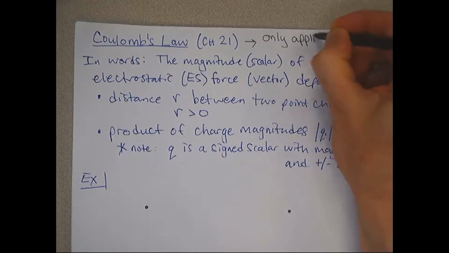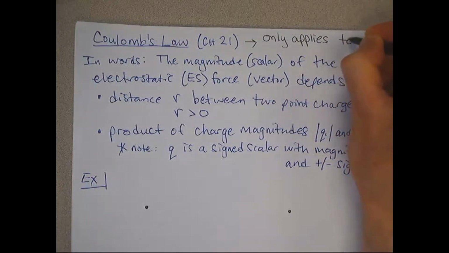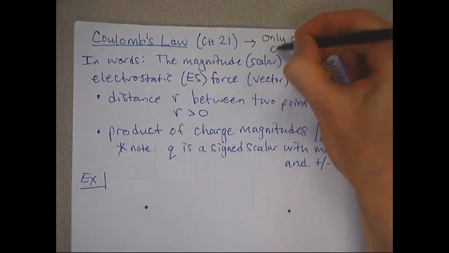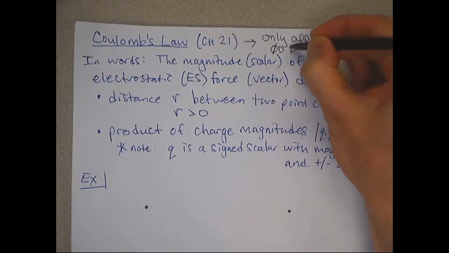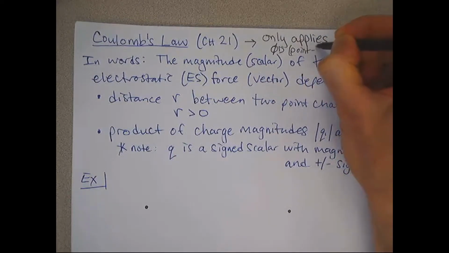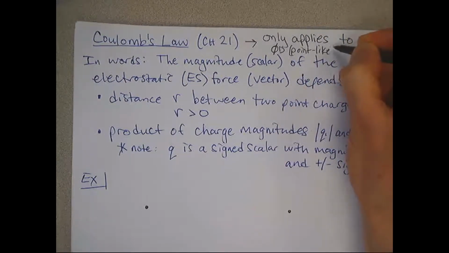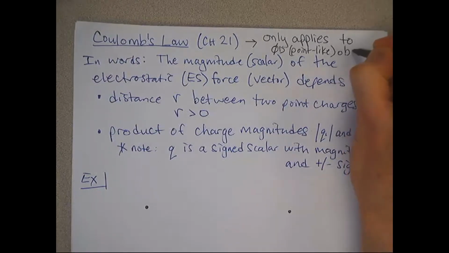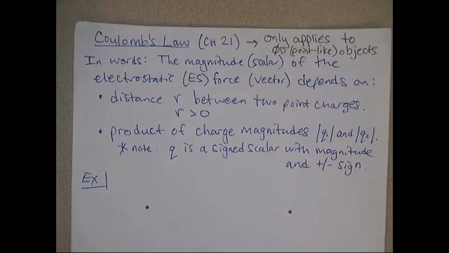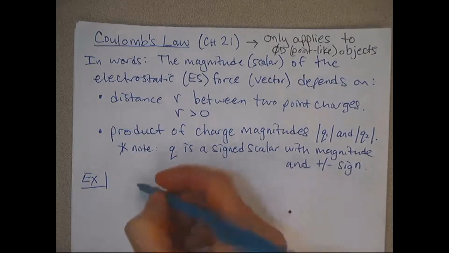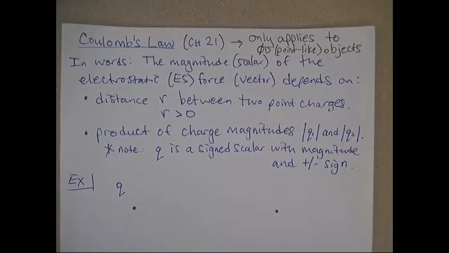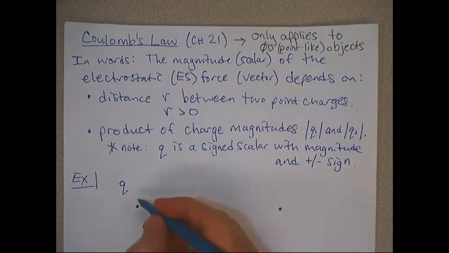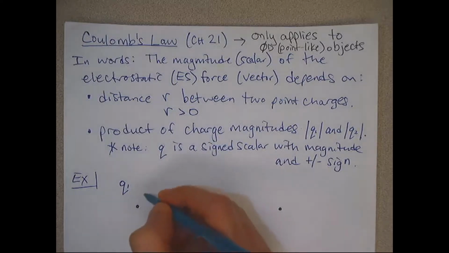So we could say that Coulomb's law only applies to zero-dimensional or point-like objects. We'll have situations where you may approximate a macroscopic object as a point charge, assuming that the distance between the two charges is much greater than the size of the object.